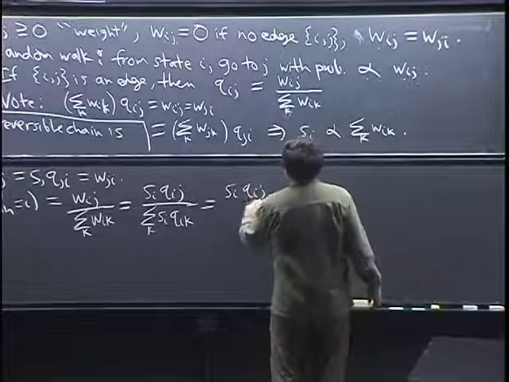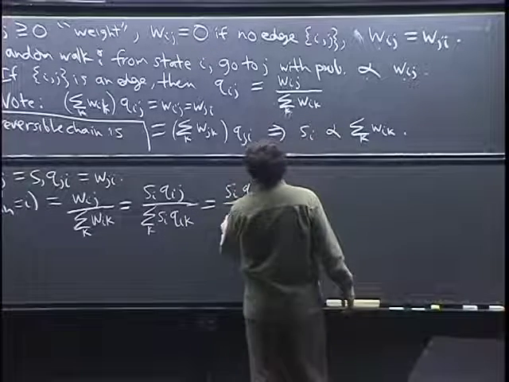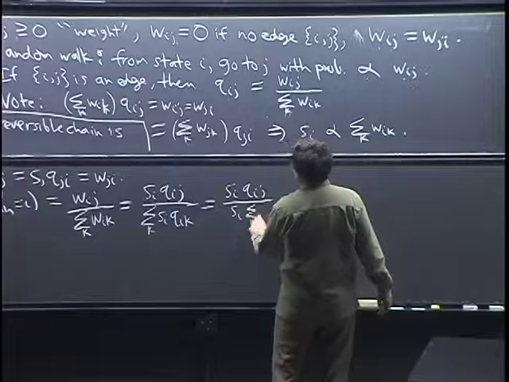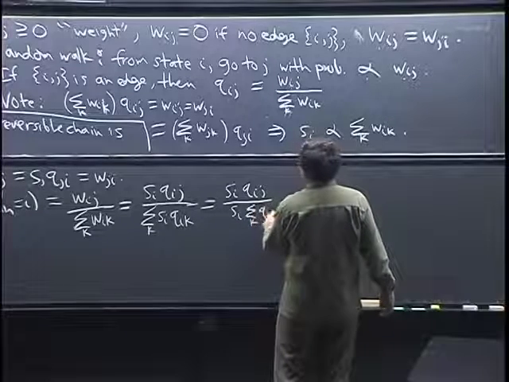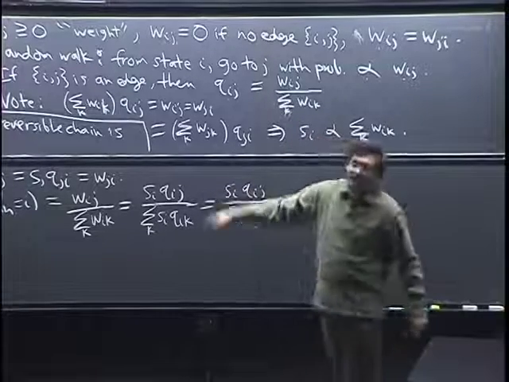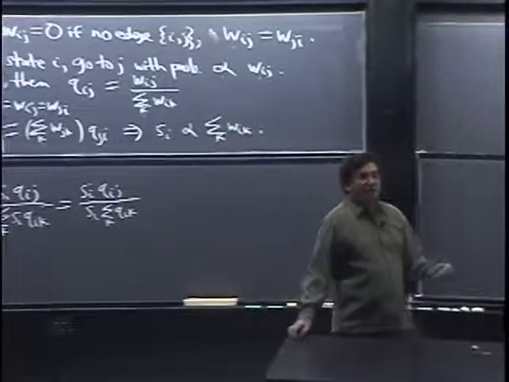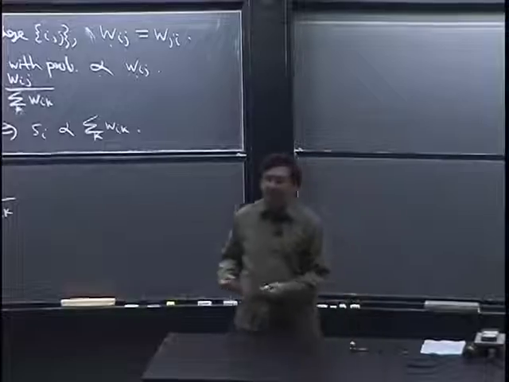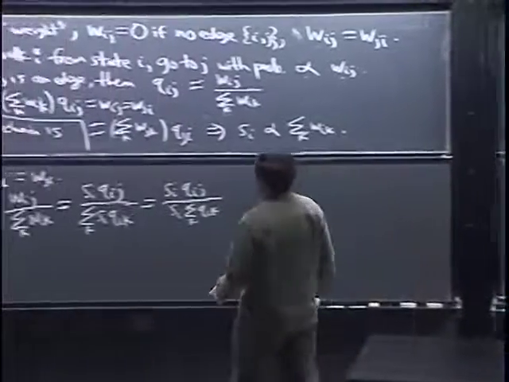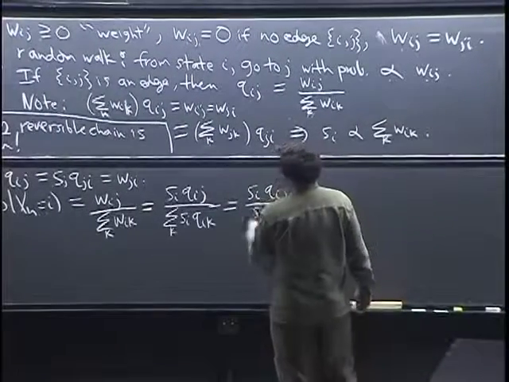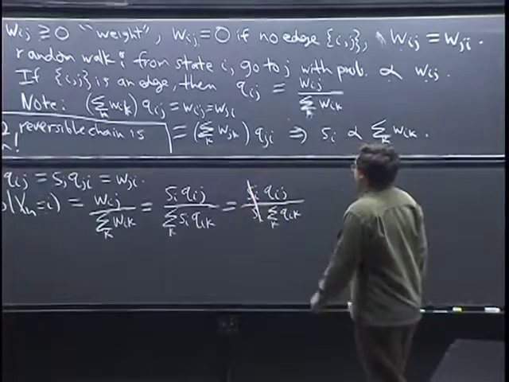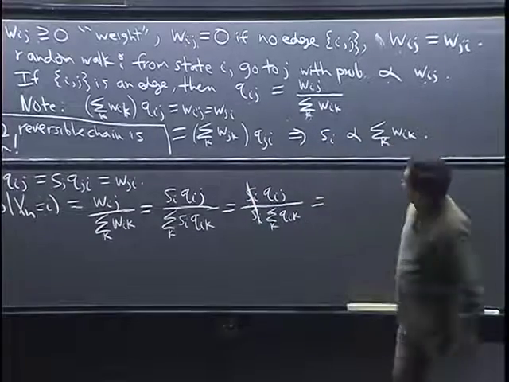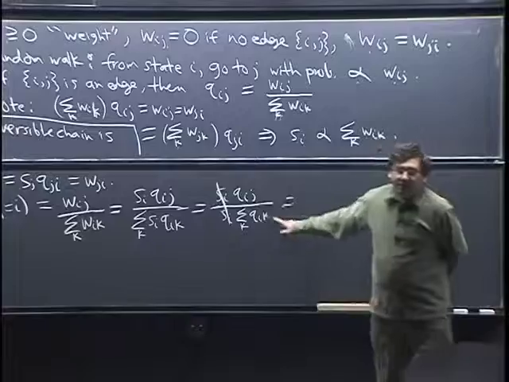The Si in the denominator does not depend on k, so we can take it out of the sum. I'm assuming that the Si's are positive. It's not a very interesting chain if some stationary probabilities are 0; then we should have just restricted the space and not included them anyway. So I'm assuming we're not dividing by 0 here. The Si's cancel, so this is just Qij divided by the sum of Qik.